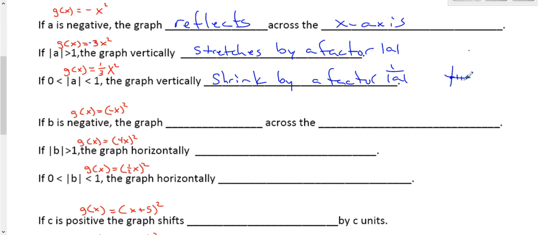If I would go over 3 and up 9 normally, and then I was given the function 1/3 of x squared, then my y value would be 1/3 of the 9. So it would now be over 3 and up 3 instead of over 3 and up 9. So that's what we mean by it shrinks by a factor of 1/3. Okay?